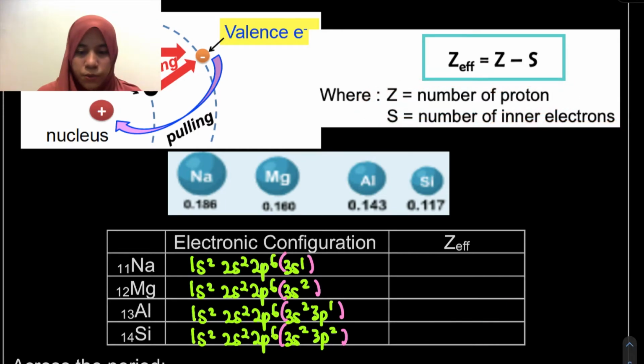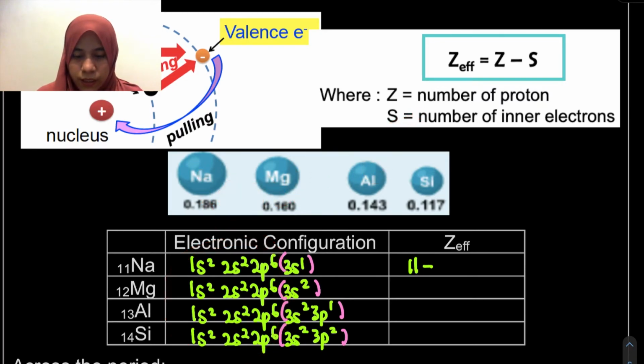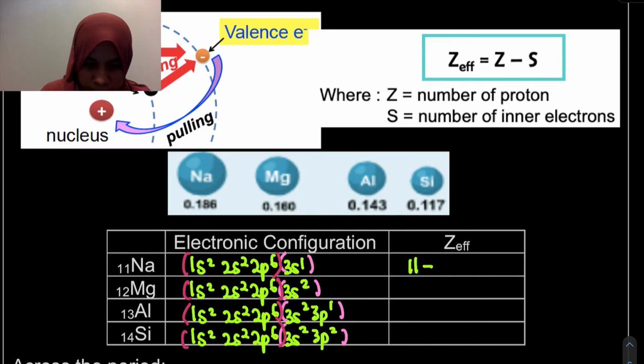So in this case, sodium number of electron dia is 11. Okay, tapi how much is our inner electron? Inner electron tu maknanya this is our valence electron. Okay, so it means that yang ini semua ni is actually our inner electrons. Okay, so 11 minus dengan inner electron kita ni. The other colour is what I'm talking about for my inner electron.